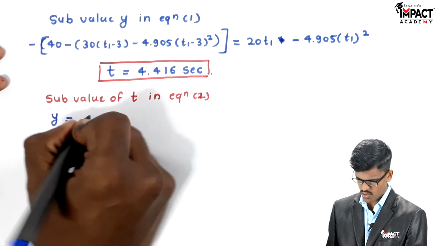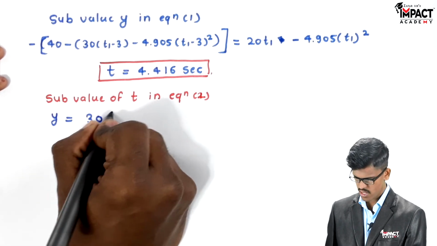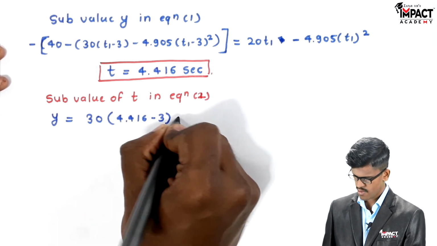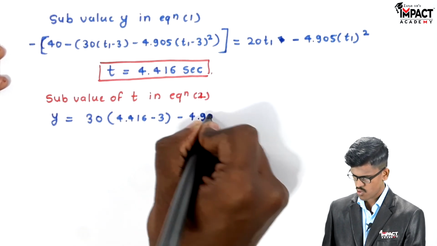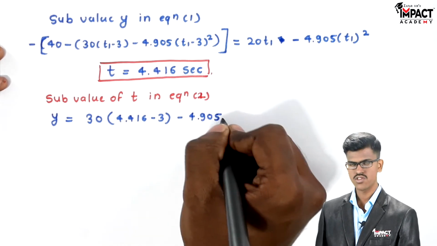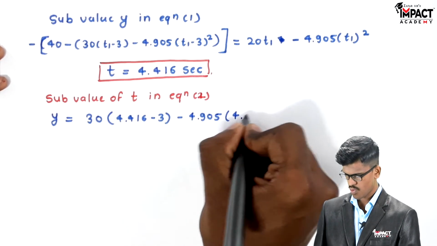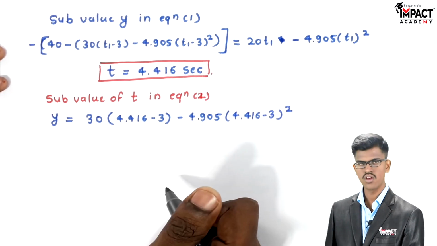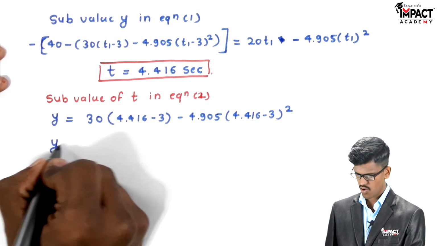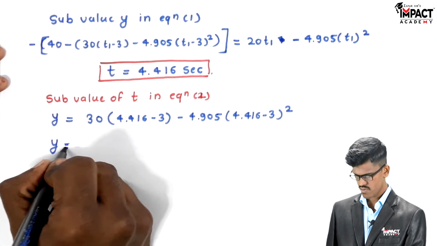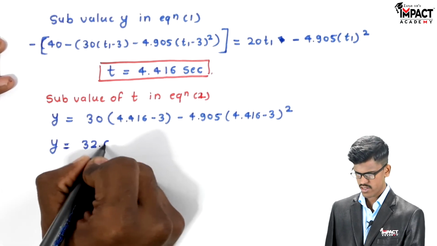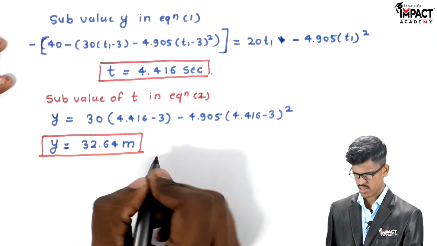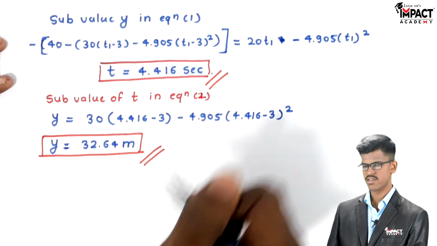So y is equal to 30 into (4.416 minus 3) minus 4.905 into (4.416 minus 3) square, and we get the value of y equal to 32.64. This is our final answer.